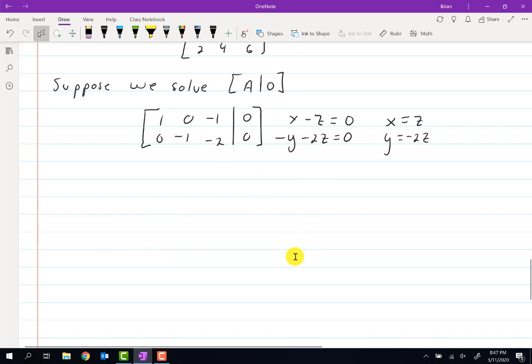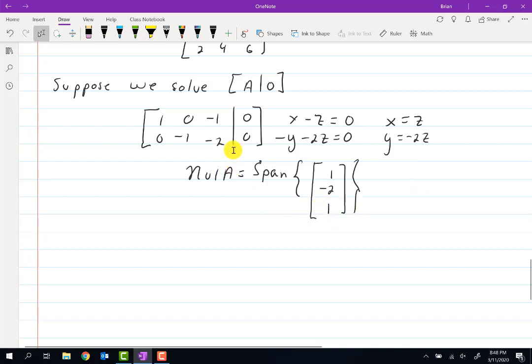That means that our null space for the matrix A will be the span of a single vector. The best way to do it, I'm going to write these x, y, and z. Well, if I let z be equal to 1, then y will equal negative 2, and x will also equal 1.